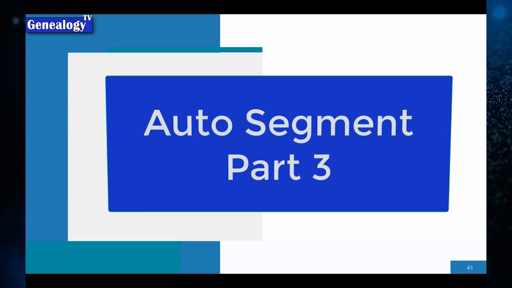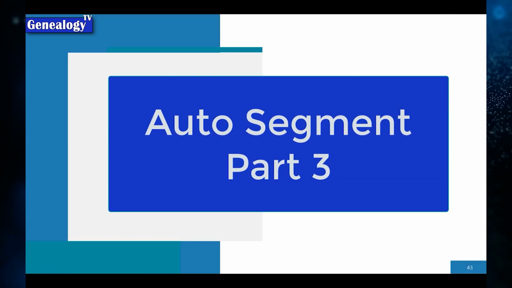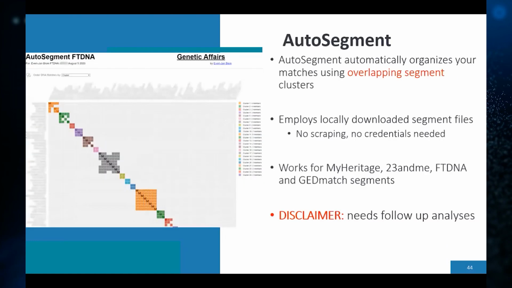All right. Now the last section of our presentations tells a bit the story about AutoSegment, which is the new tool. If people have noticed the triangulation segments from 23andMe, it is a bit similar to that approach. So it organizes your matches using overlapping segment clusters.